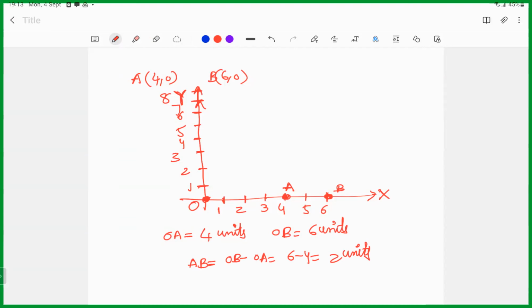If it is (2, 0) and (8, 0), then what's the distance between the 2 points? 8 minus 2, 6. If the first point is (x1, 0), the second point is (x2, 0), then what's the distance? Very easy, if the points lie on the x-axis. Now if the points lie on the y-axis, let's say point C is (0, 3), point D is (0, 8).